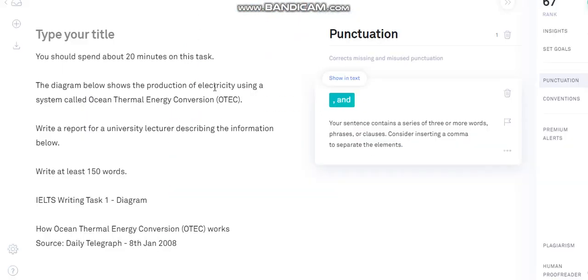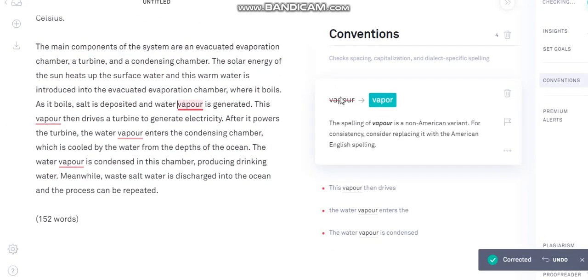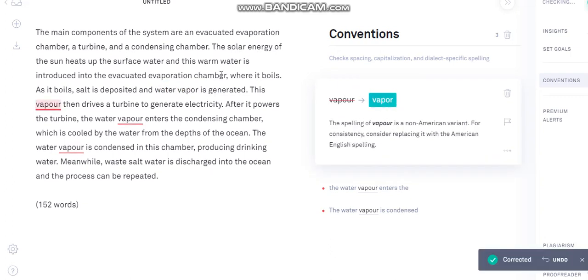Okay, I copied the task here. So there is that problem. It's Grammarly, and water vapor is generated is a non-American variant for consistency. Okay, let's make it consistent.